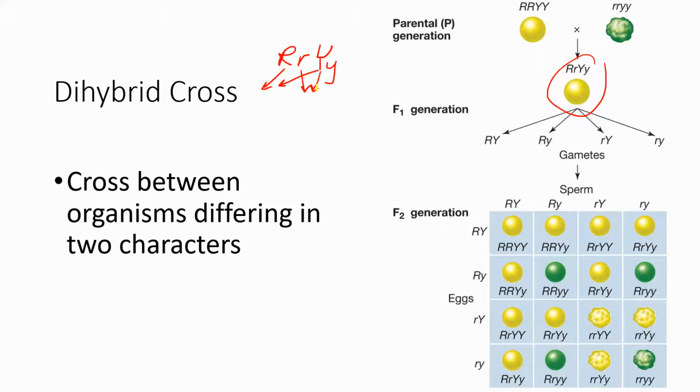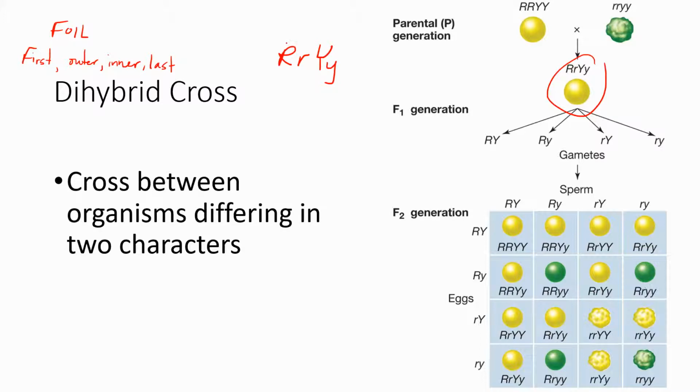However, we know that every gamete should end up with one of the alleles for R for that trait and one of the alleles for Y. And if you're wondering how you figure that out, well, the way you figure out which gametes are mixed together is FOIL, which I hope you learned in math class. It stands for first, outer, inner, last. And it's a way of combining these.